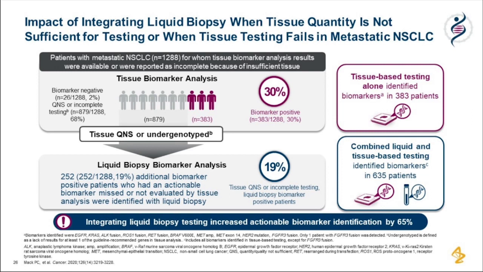And if we just look at tissue alone, it was able to identify 383 patients, but then combining liquid and tissue, it increased to 635 patients. So integrating liquid biopsy testing increased actual biomarker identification by 65%, which is huge.